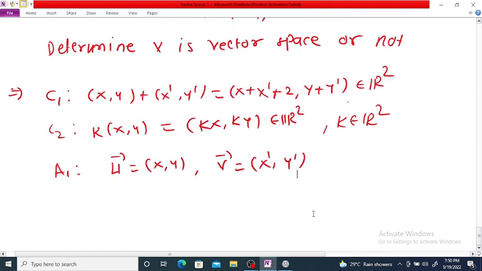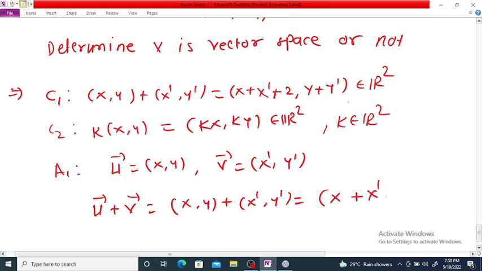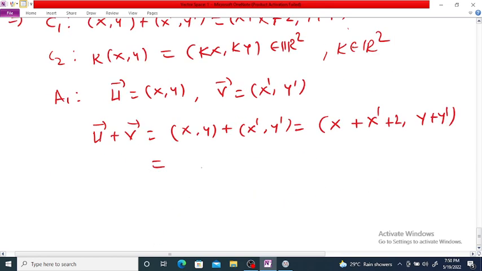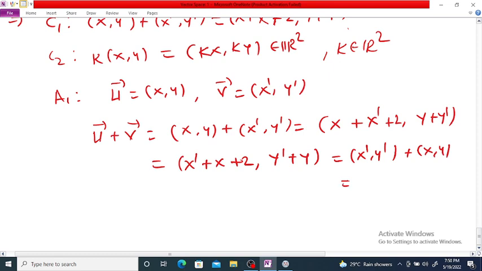Then u bar plus v bar is equal to (x, y) plus (x dash, y dash), which is equal to (x plus x dash plus 2, y plus y dash), and this is same as (x dash plus x plus 2, y dash plus y), so this is same as (x dash, y dash) plus (x, y), and therefore which is same as v bar plus u bar. So this condition holds.